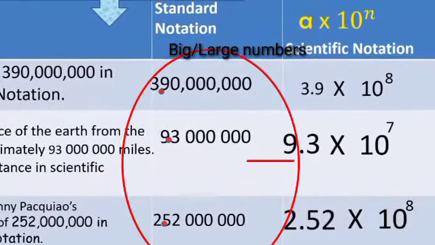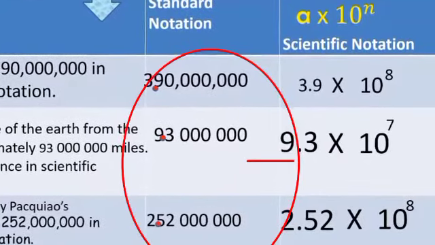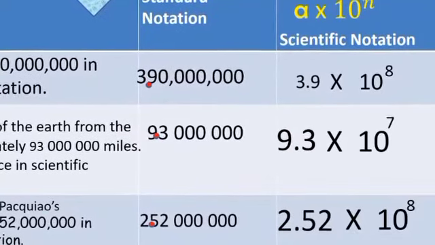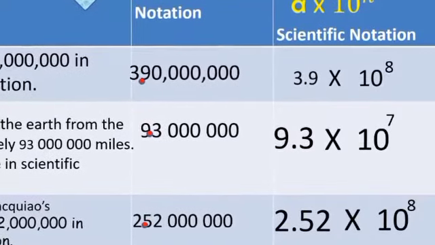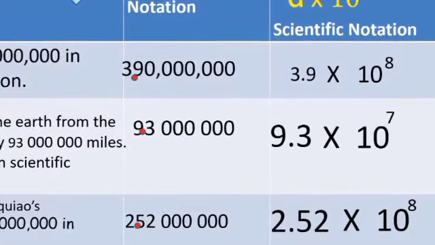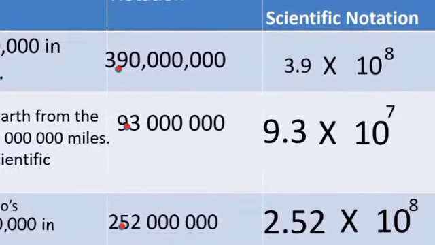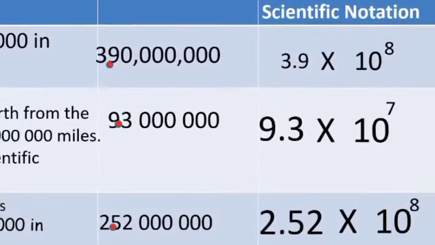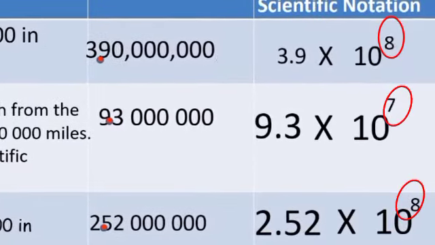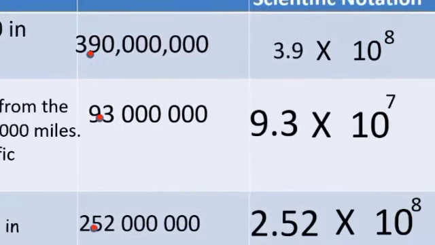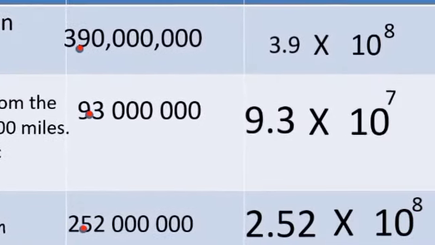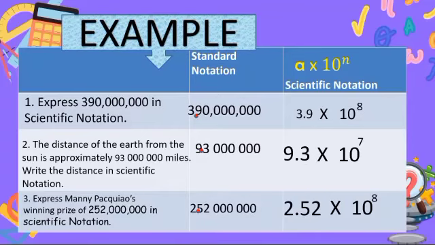So, tandaan, kapag ang standard notation natin ay large numbers, ang exponent natin sa scientific notation, which base is 10, is always positive. So, 8, 7, 8. Sabihin, large numbers ang ating kinonvert. Okay? So, kapag positive siya.